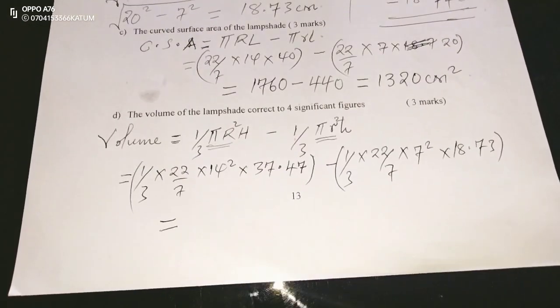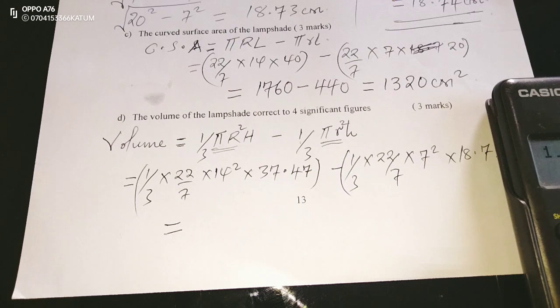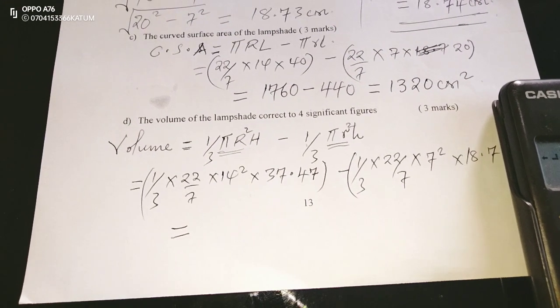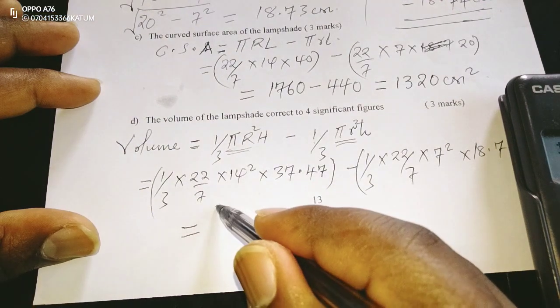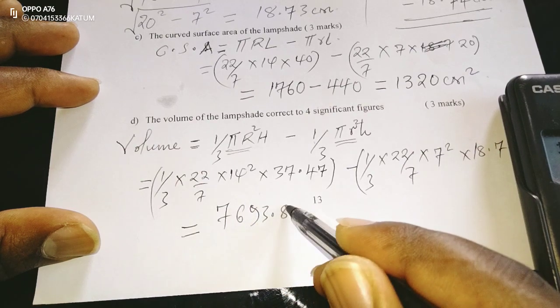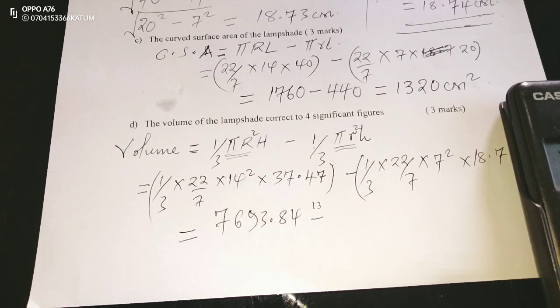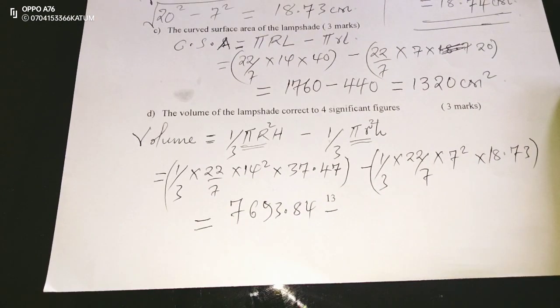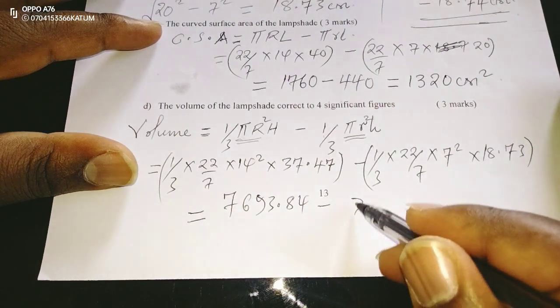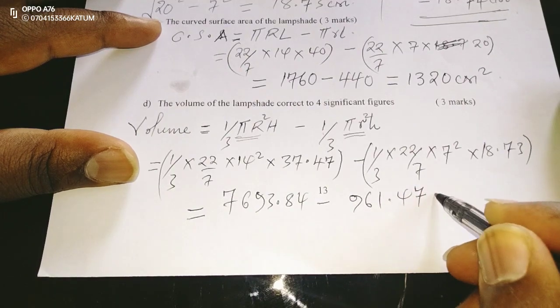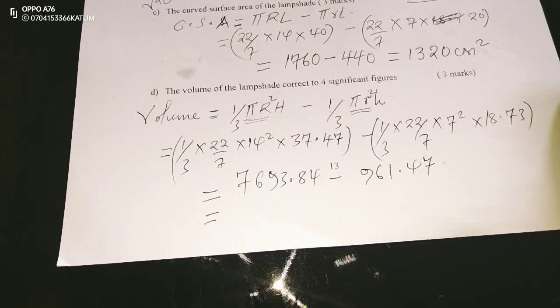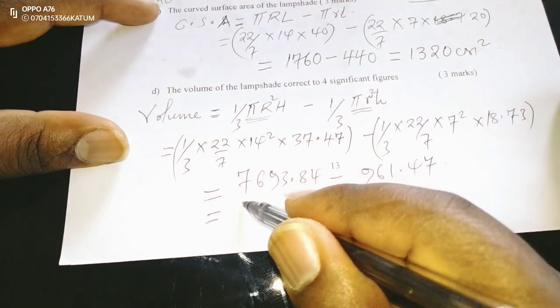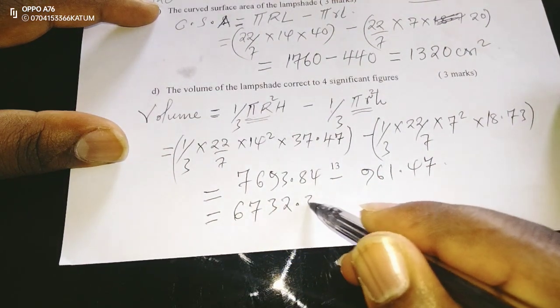Now I compute these figures. A third times 22 out of 7 times 14 squared times 37.47 gives 7693.84, minus a third by 22 out of 7 by 7 squared by 18.73, which gives 961.47. Subtracting 961.47 from 7693.84, I get 6,732.37.